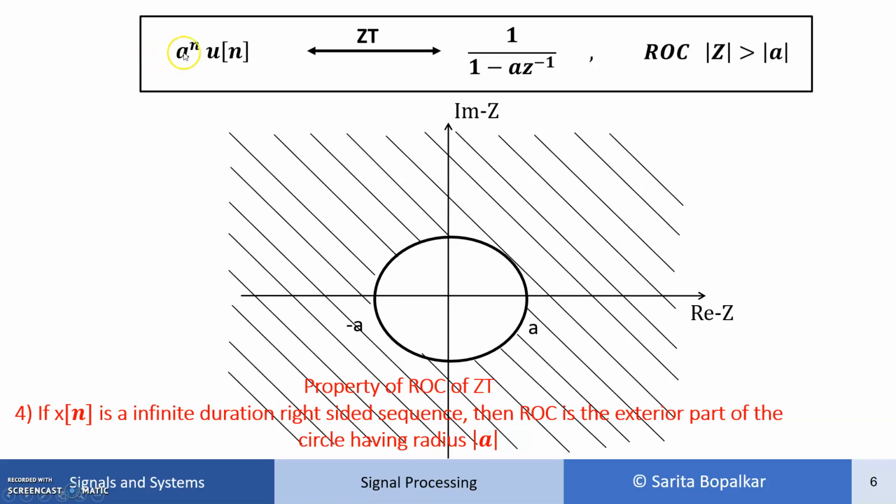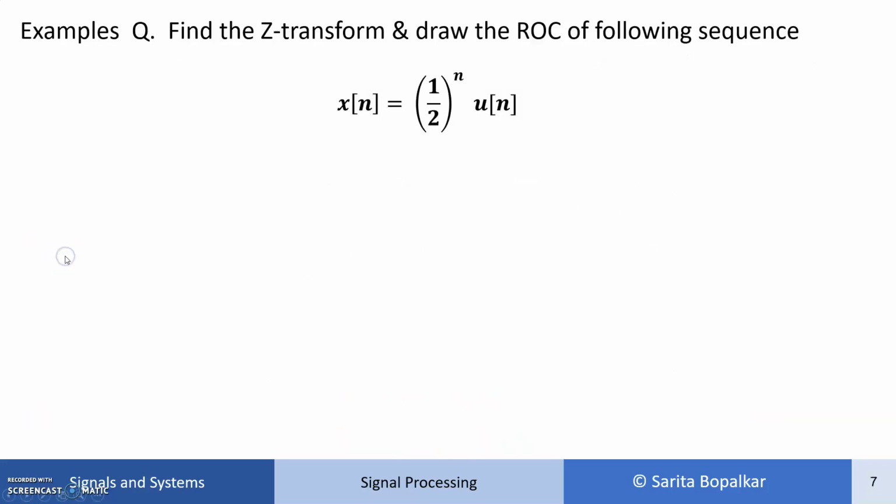That's why this a raised to n u of n exists only for positive values of n, right-sided sequence. But its duration is infinite, 0 to infinity. So for an infinite duration right-sided sequence, the ROC is the exterior part of the circle having radius mod a. So this is the next property of ROC of Z transform. For the previous properties, you can go through the previous videos.